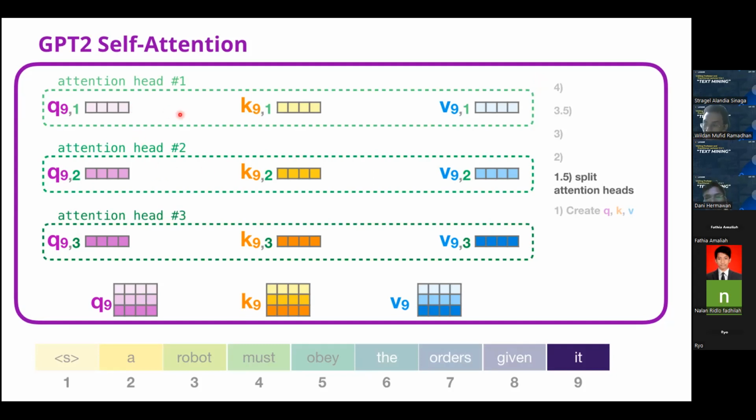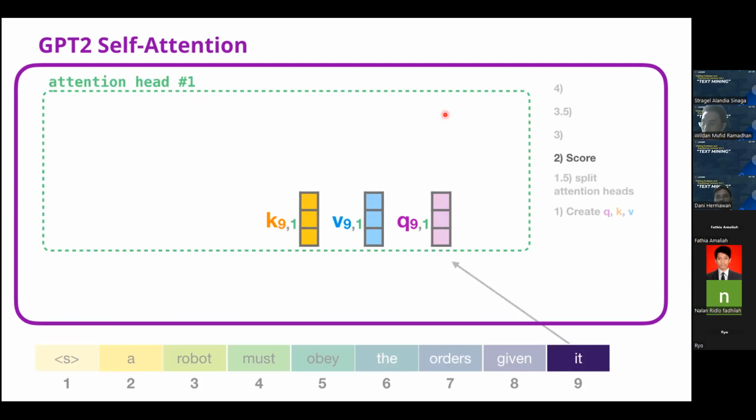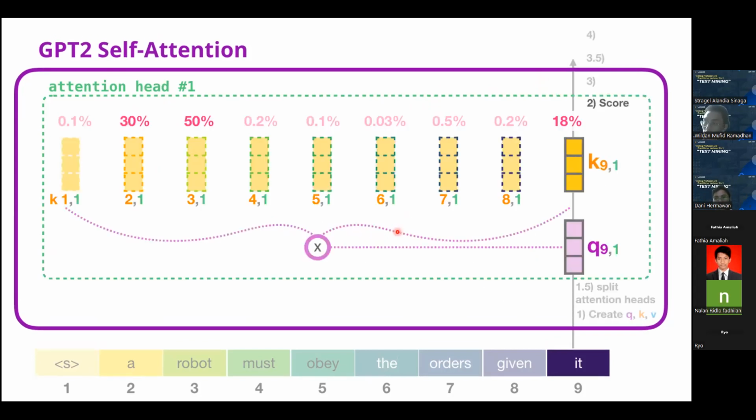For example, head number 1's query, key, and value are denoted as Q91, K91, and V91, respectively. So now we focus on attention head number 1. By multiplying Q91 and each token's key, we can obtain each token's score.